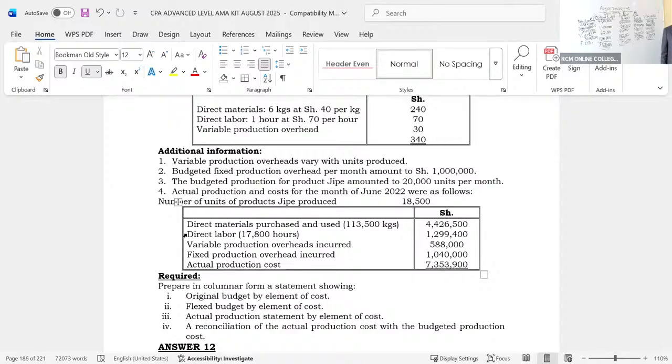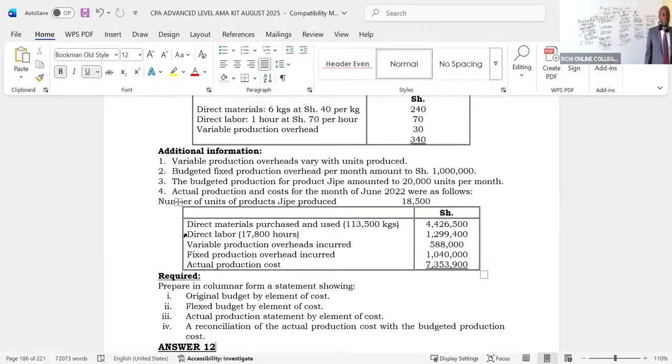Roman 4, a reconciliation of the actual production cost with what, somebody? Budgeted production cost. So of course that will be the original budget. They are silent about which budget. Whenever they are silent like that, we shall always work with the original.